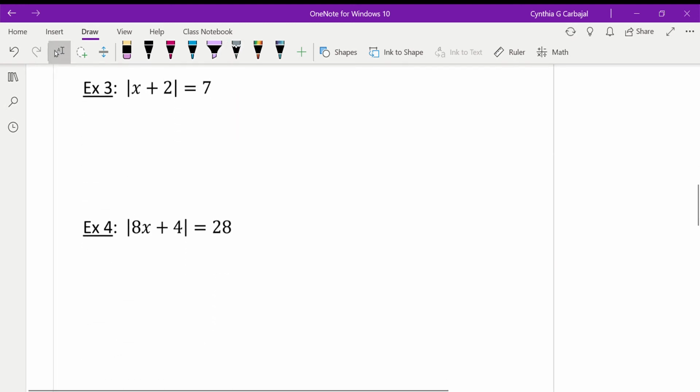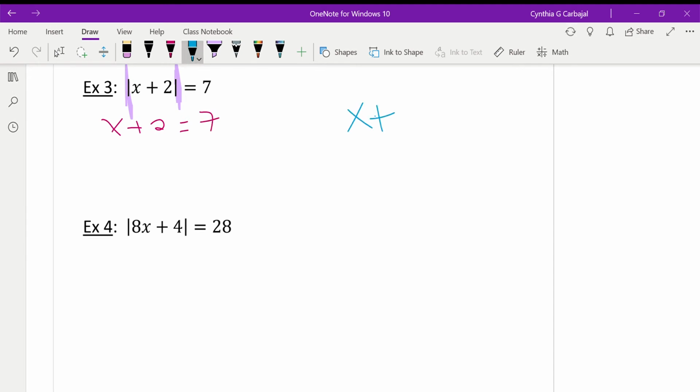Alright, example 3. There's nothing in front, there's nothing behind, so it's isolated already, meaning I can split it into the two equations. x plus 2 equals a positive 7, x plus 2 equals a negative 7. Get rid of that plus 2, so x can be by itself.